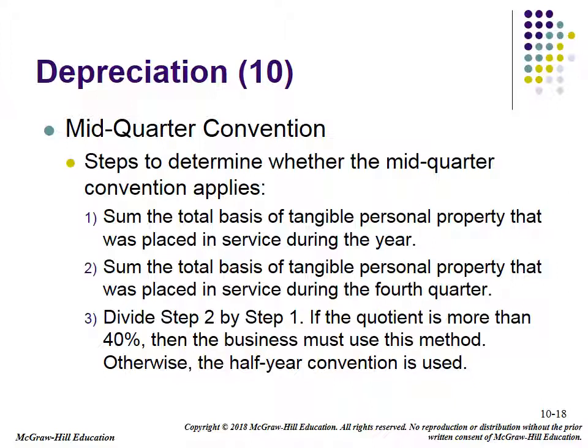You purchased an asset on July 15th. So we say, okay, what quarter was that purchased in? Well, the first quarter would be January, February, March, then April, May, and June, then July. So that's the third quarter. We would use a table that's set up for third quarter purchases.